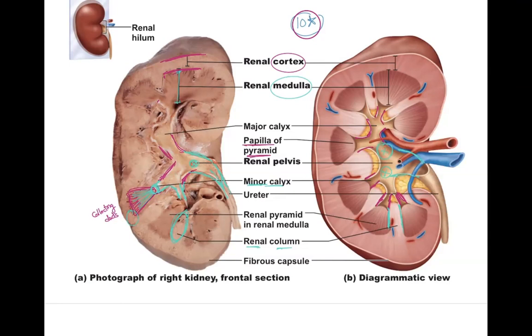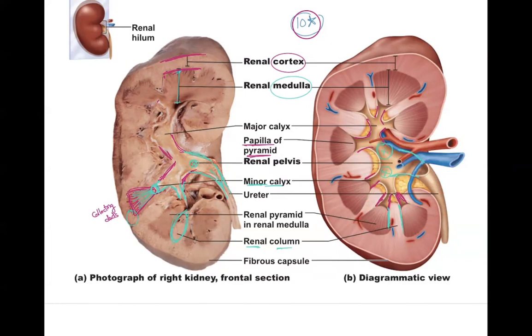And the major calyces will drain into a larger funnel-shaped tube. This is going to be my renal pelvis that will drain the urine down through the ureter. This is the hilum here, and the artery coming in is my renal artery, and the vein draining the blood out is going to be my renal vein.